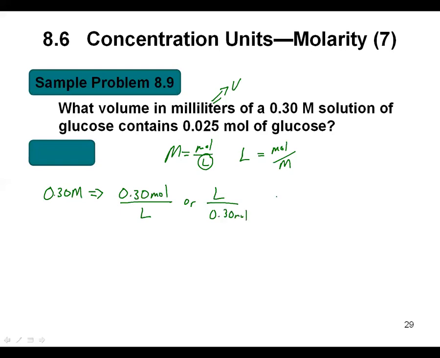I highly recommend converting this big M into those two units because it is extremely common that people, for some reason, will leave the big M in their calculation. All they focus on is the moles, and they forget all about the liters part.